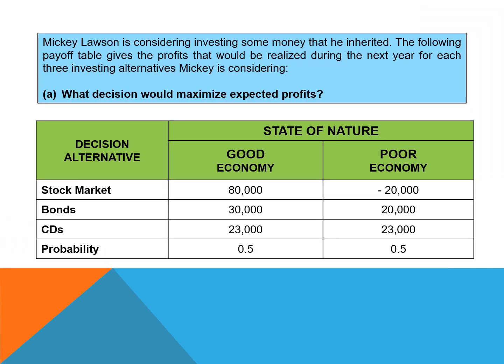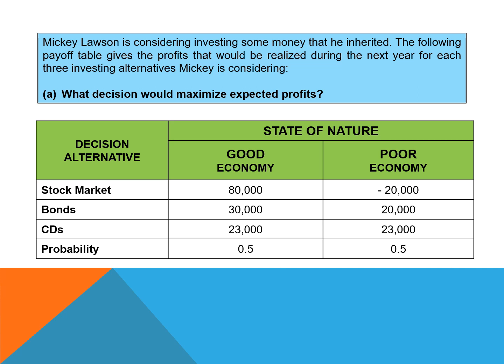So the problem here is Mickey Lawson is considering investing some money that he inherited. The following payoff table gives the profits that would be realized during the next year for each of three investing alternatives. And Mickey is considering what decision would maximize expected profits. As you can see dito sa baba, meron tayong payoff table.